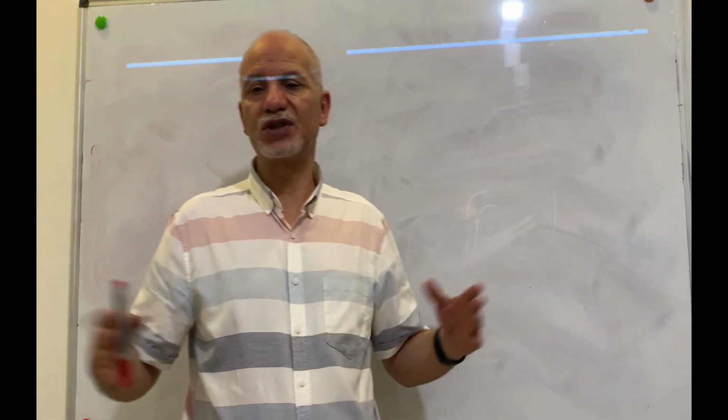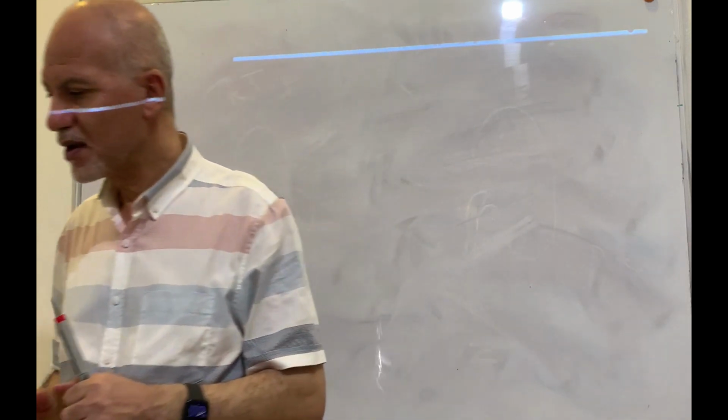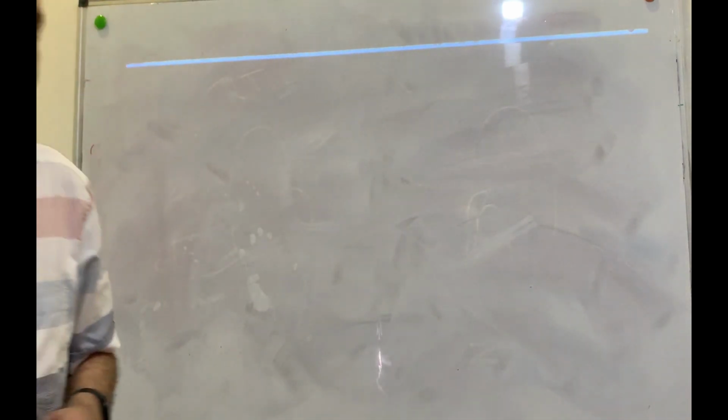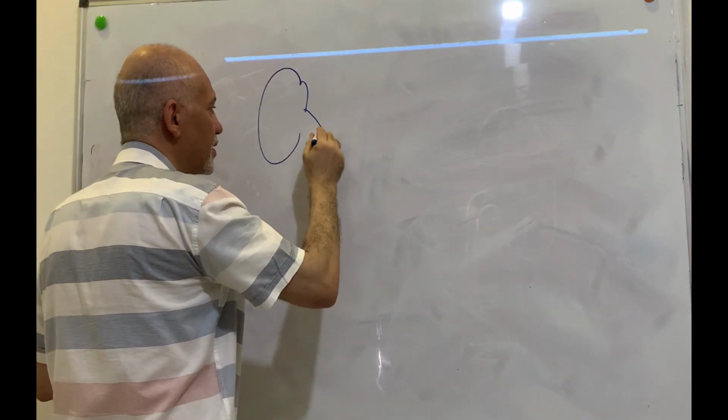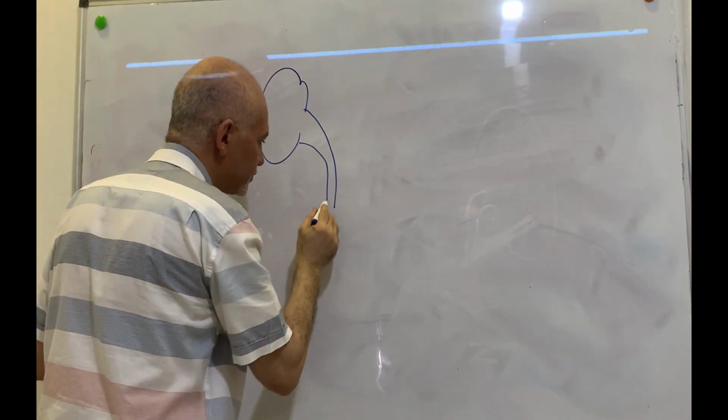Anatomy of the ureter. This is the kidney and this is the ureter.